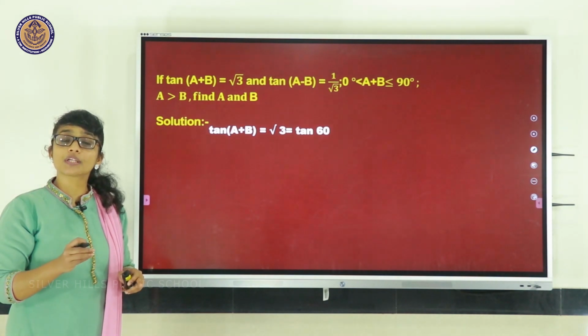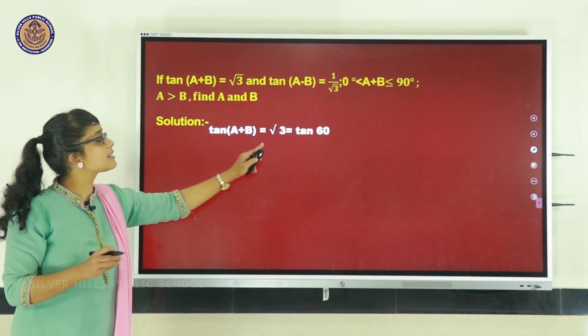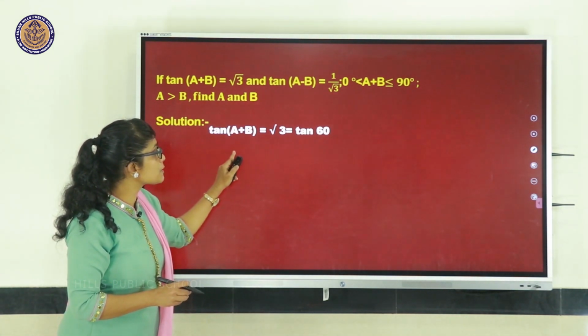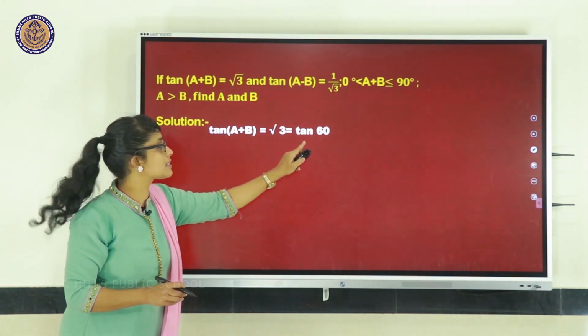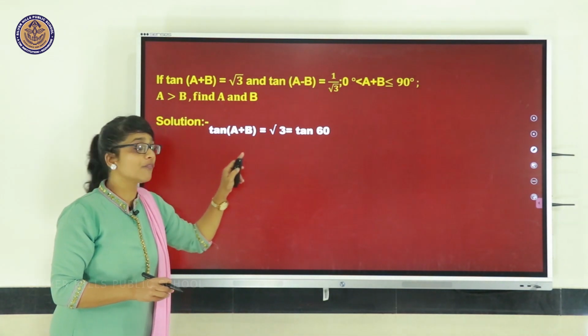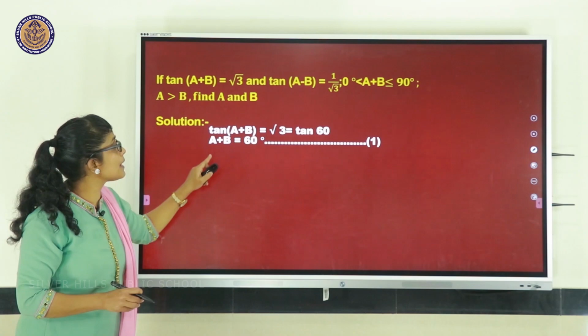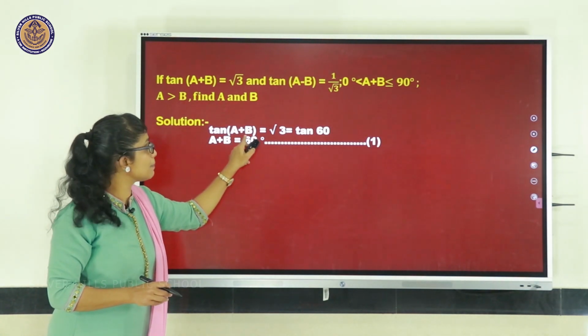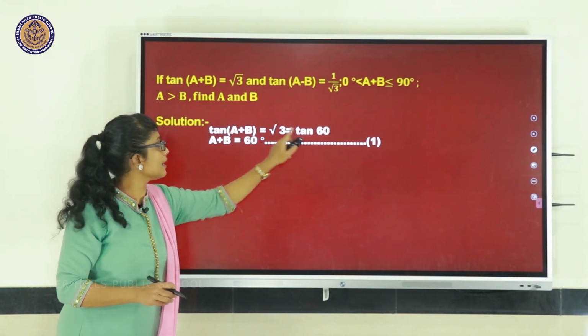Then what is root 3? Tan 60 equal to root 3. So, tan a plus b and tan 60 equal to root 3. Therefore, we can write a plus b equal to 60 degree.